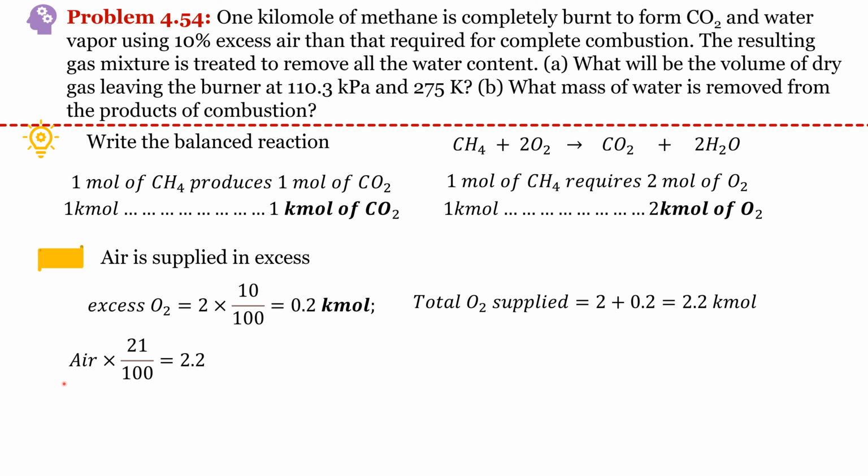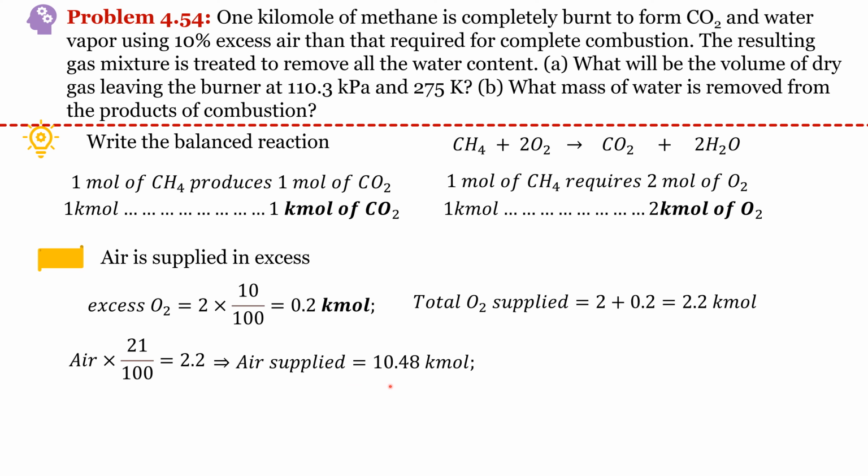Now we know that air contains 21% oxygen. So we can write 21% of air should be equal to oxygen. The oxygen amount is 2.2 kilomole. From here we can find out the amount of air supplied.